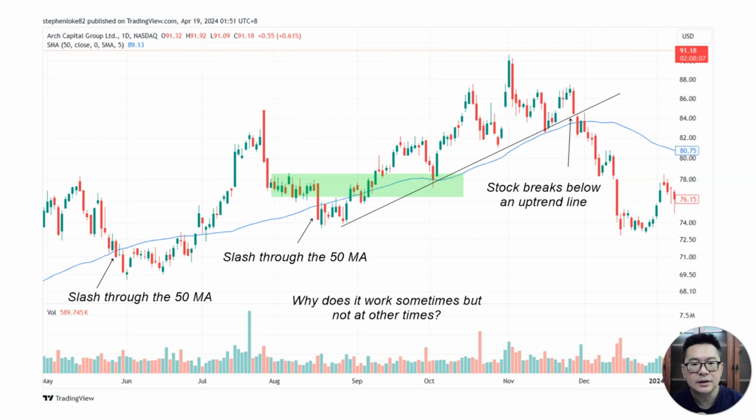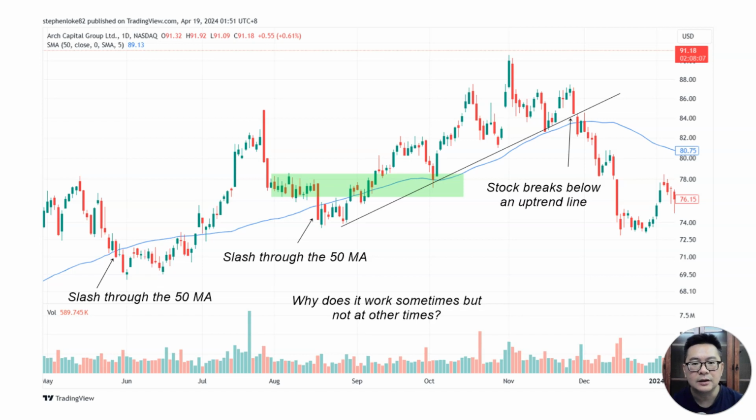Well, you must have a convergence of technical concepts. That means not only the 50 MA must be there, you must have many other things that confirm whether the drop will meet support.